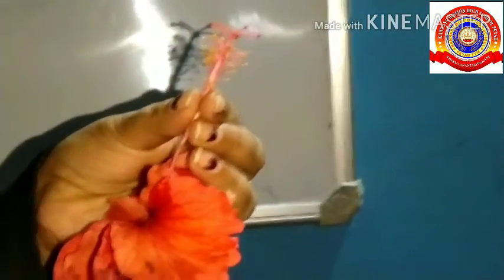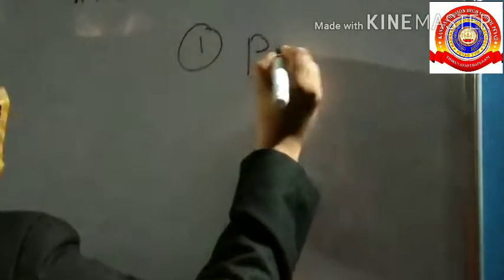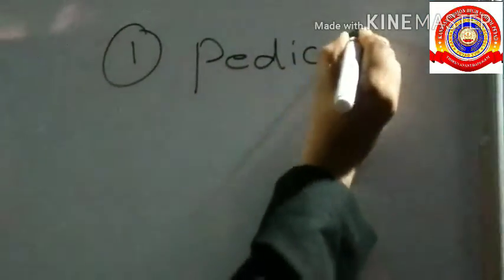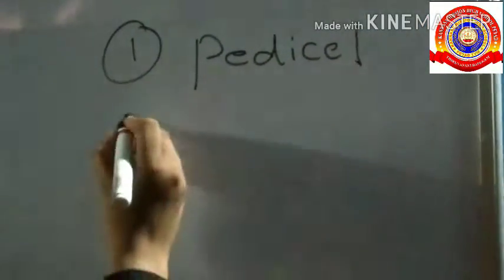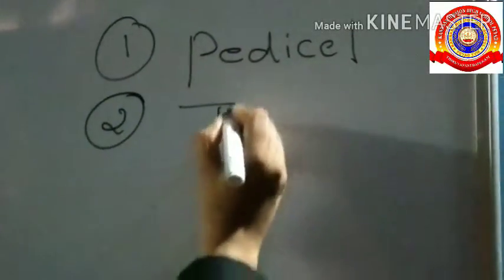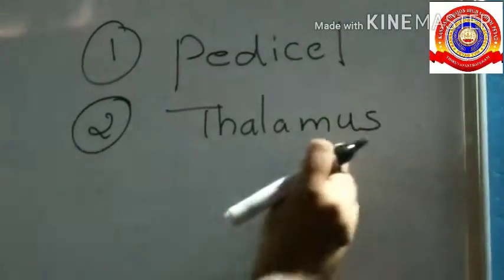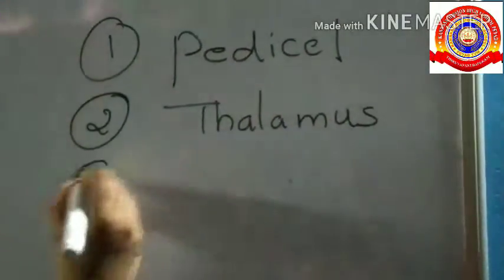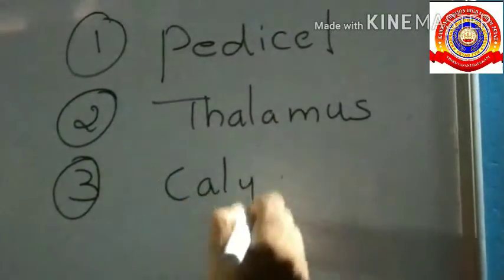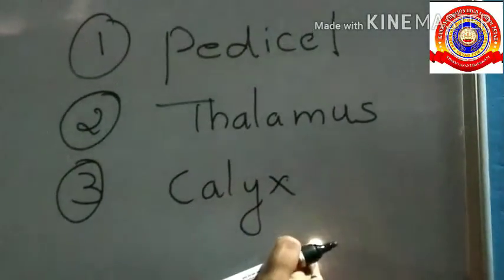Do you understand? A flower has 6 parts. Which are they? The first one is pedicel. The second one is thalamus. The third one is calyx.